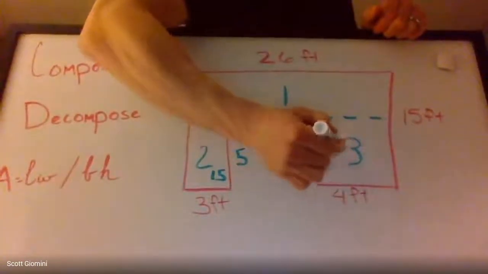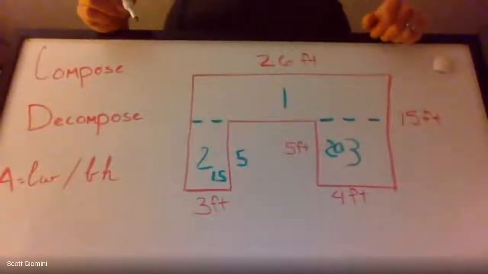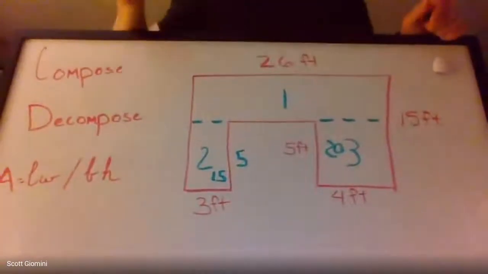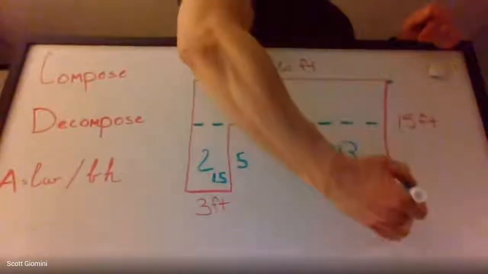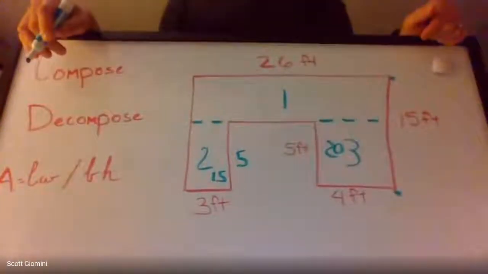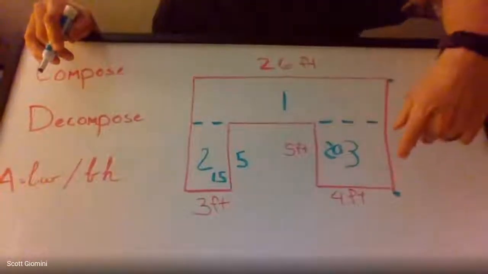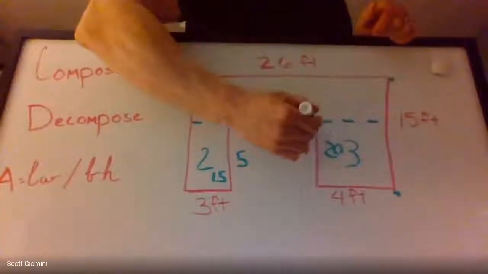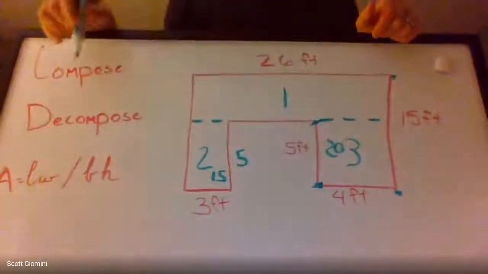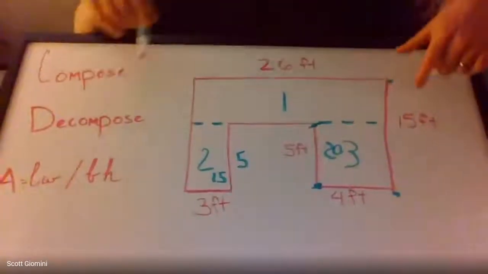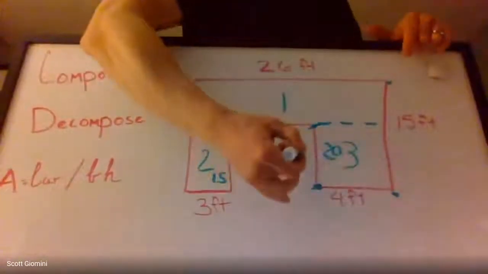Now this one up top is a little different. We can see that it's 26. I see that the length from here to here gives me 15. This rectangle up top is not this entire length. I also see that from here to here, it's 5. What's the difference between this 15 and this 5?